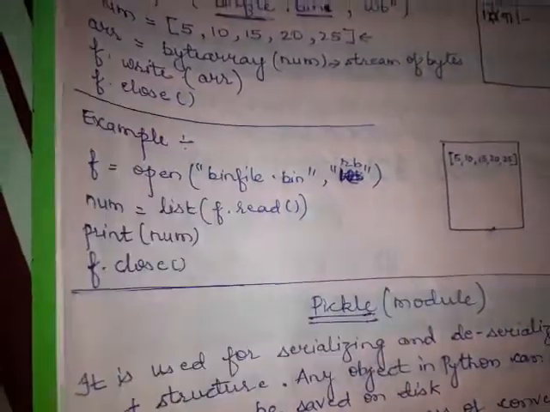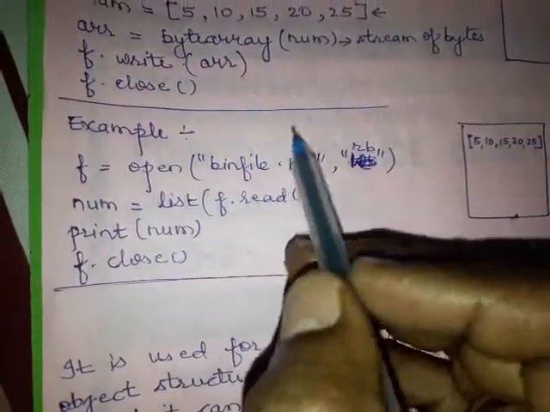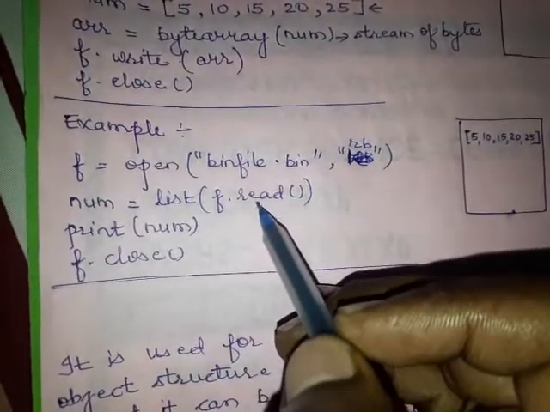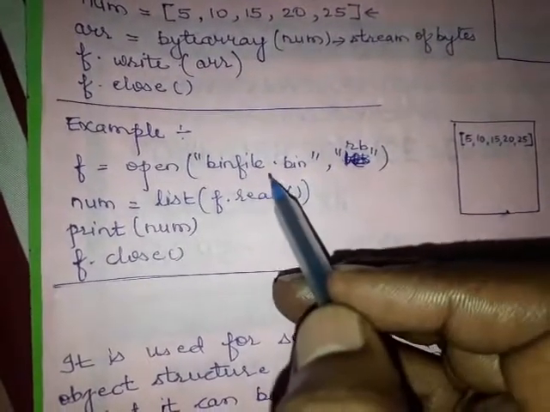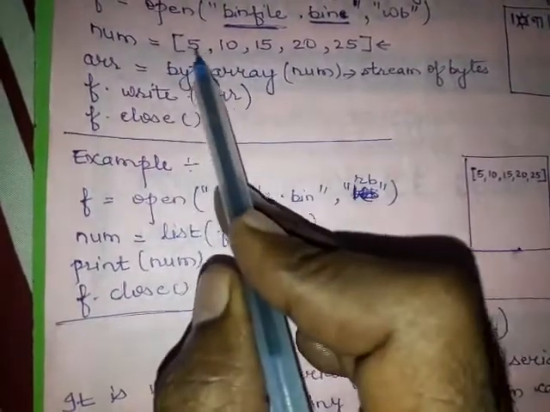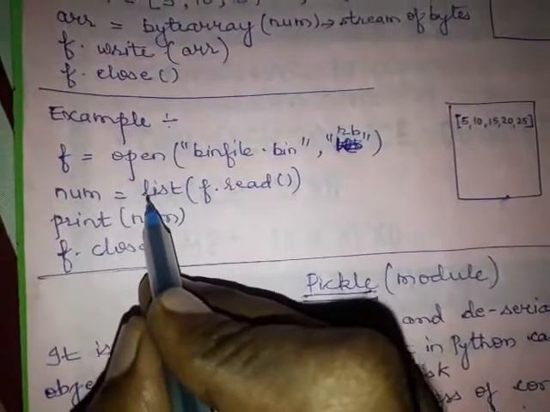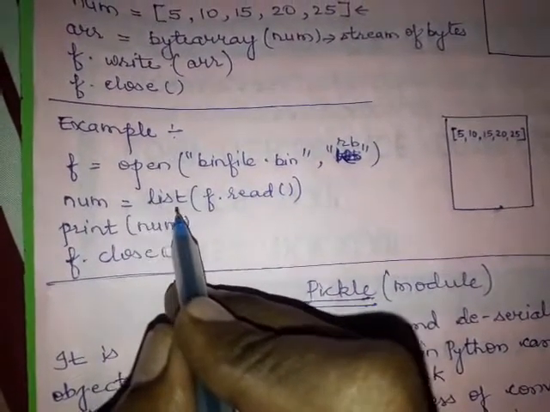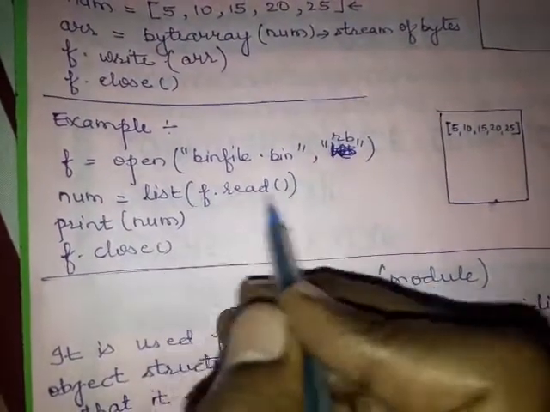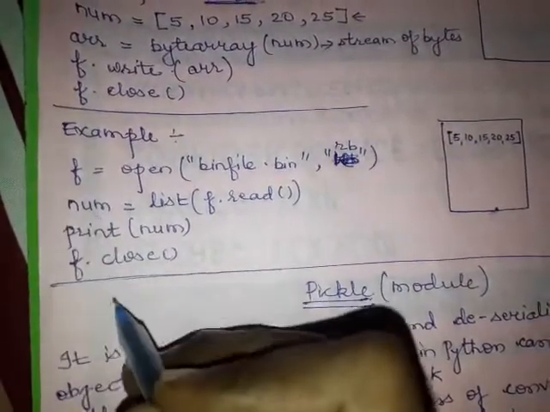Then the content of the binary file is in byte form, and we have to again convert it into our readable format, which is list, because we have written a list in the file. So you can use the list method to convert the content of the file into a list, and we store it in a variable num.